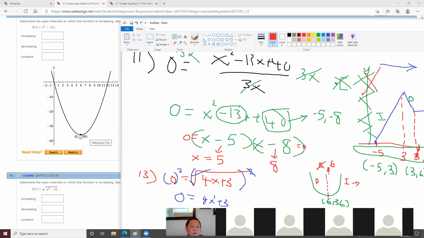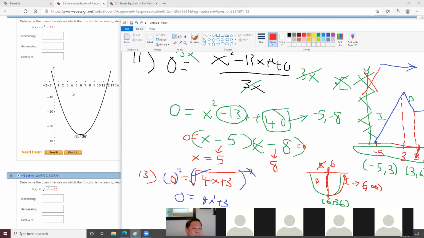So can someone tell me what is the increase here? It goes from where to where? We don't get 3. This is where you start increasing, right? So what is this x value here? It's 6 to infinity.